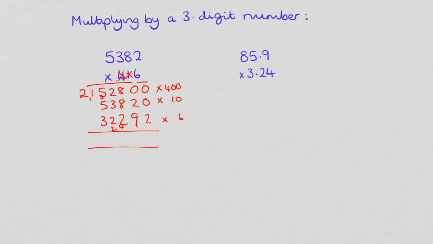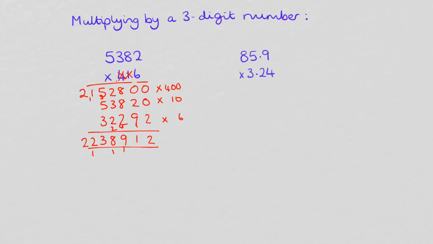So even when you've got 3 lines of working, just again, be really careful to keep your columns clear. All right, so adding up, we've got 2, 11, 16, 18, 19, 7, 8, 13, 2, and 2. And then we have no decimal places in the question, so we have no decimal places in the answer.